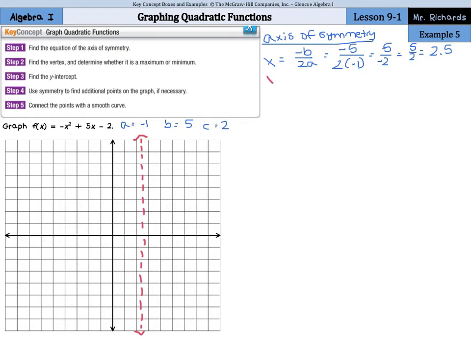So x equals 2.5, or 2 5/10, is my axis of symmetry. Next, step 2 is to find the vertex.